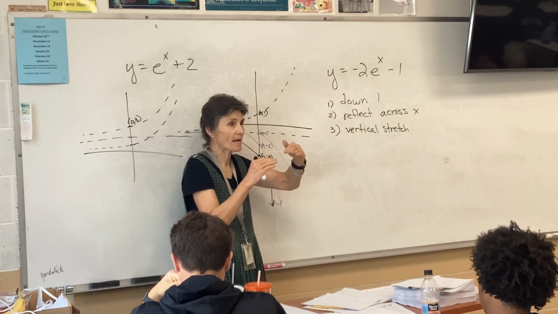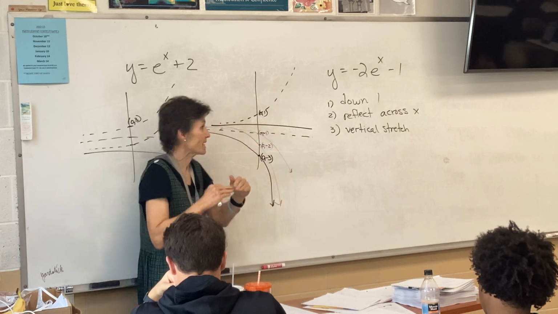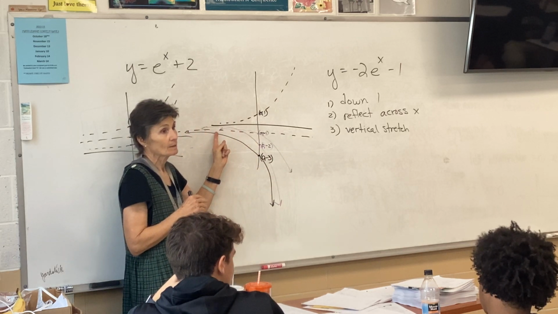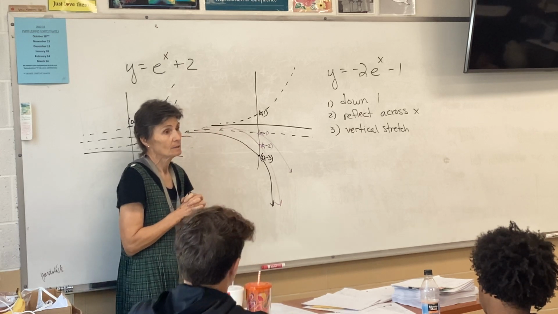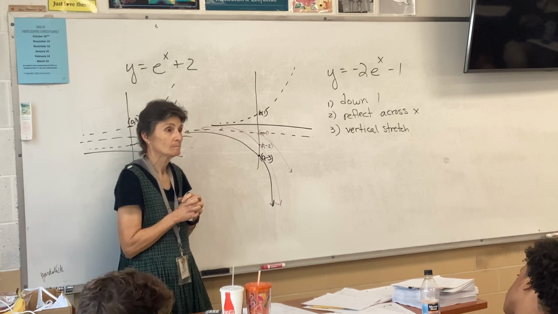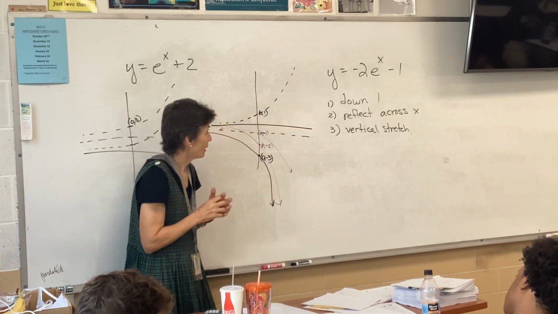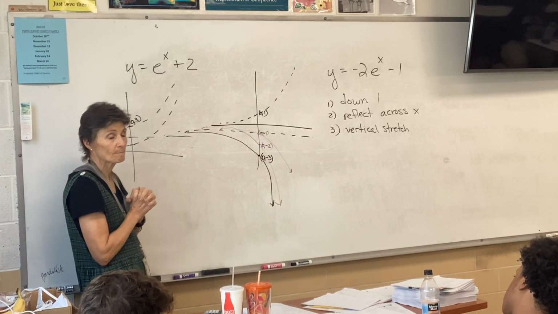That didn't change the asymptote. But when you lowered the picture, that changes the asymptote. So the asymptote is now down here, because the whole picture gets dropped down 1. All right, so yes, thank you, Sabrina. Perfect.